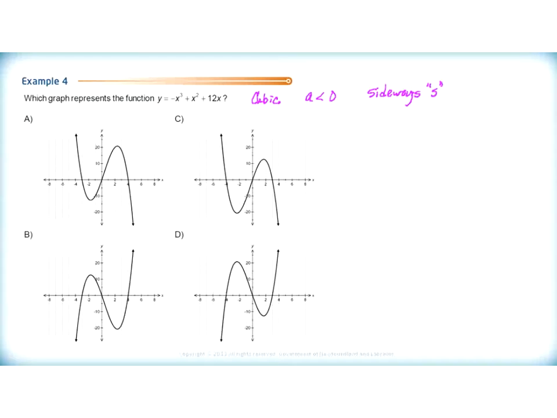And when you think about the end behavior of the function, because a is less than 0, the graph will extend down into quadrant 4 and up into quadrant 2.